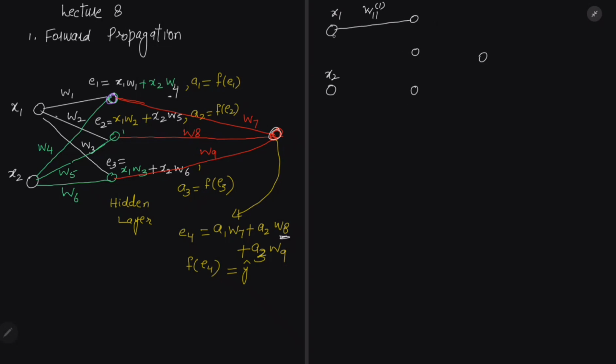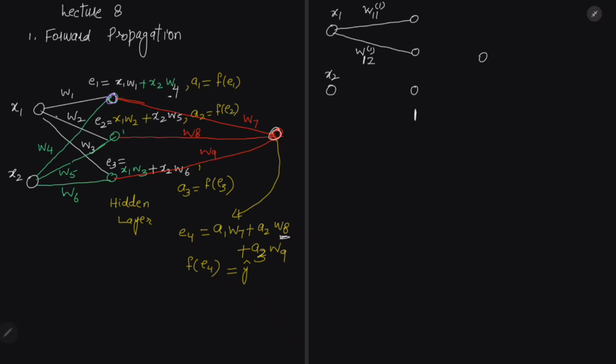And suppose we have this value from input to the hidden layer neuron number 2, that notation will be hidden layer 1, since this is hidden layer 1, and the link is from input 1 to the second neuron in the hidden layer, so 2, hidden layer 1, the second neuron in hidden layer 1.